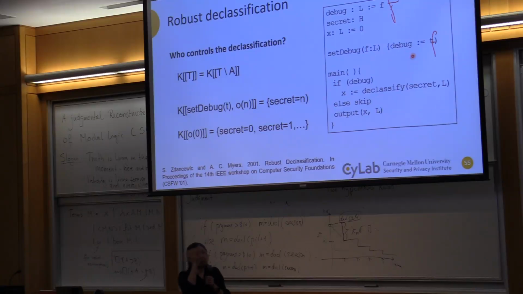In information flow security, we always assume the attacker knows the code. The attacker knows how the code works, but they're constrained by what they can observe. So if I don't output it, there's no observation, and whether you divide it by 2 or not, I cannot see anything. I know you're dividing by 2, but there's no observation that allows me to draw any inference about what the secret might be.